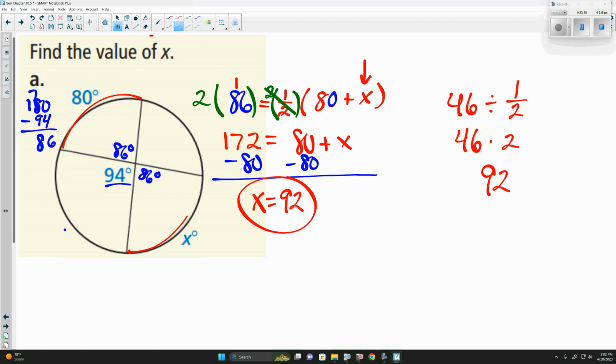Almost there. Oh, 28. Wait. 16? Yeah. Oh, I got 16.